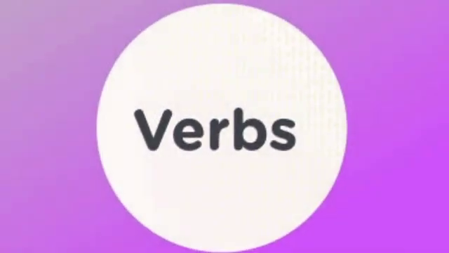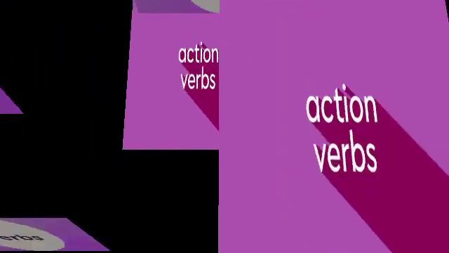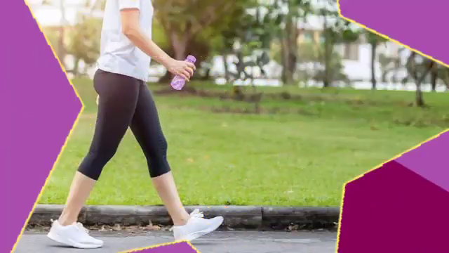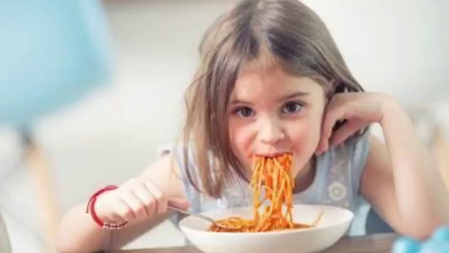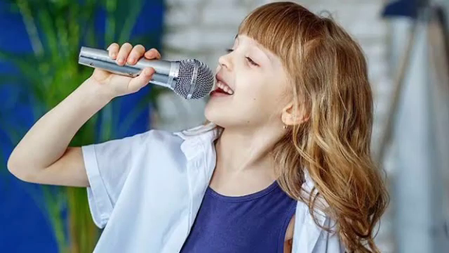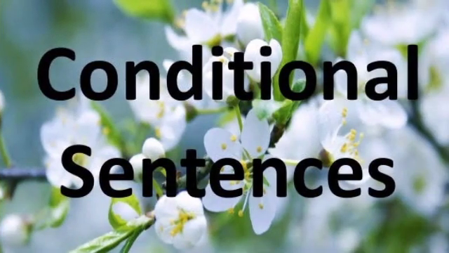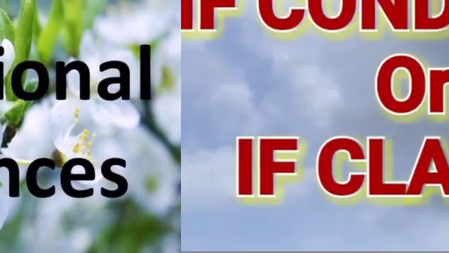Do you know what a verb is? A verb is an action word. Example, walking, eating, singing, etc. What is an if clause? Conditional sentences are also known as if clauses.